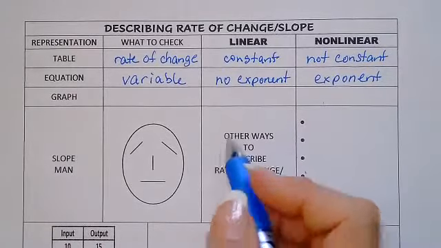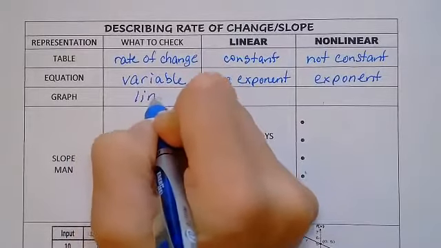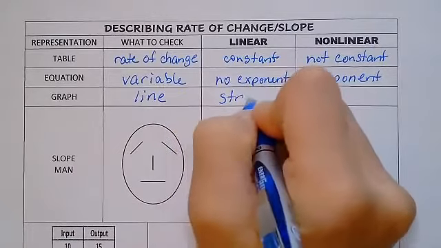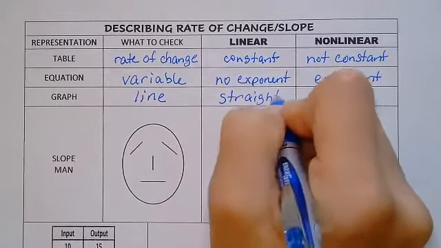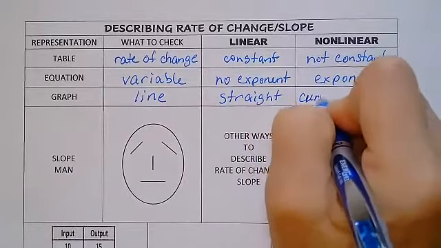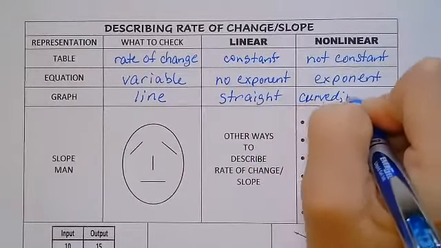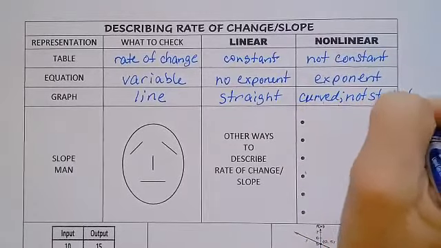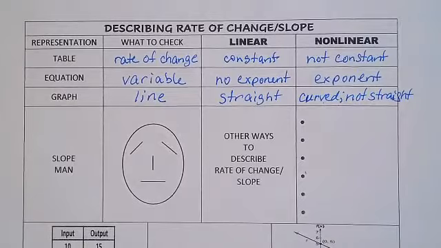Okay, our graph, we're going to look at the line. If it's a straight line, it's linear. And if it's curved or not straight, then it's nonlinear.